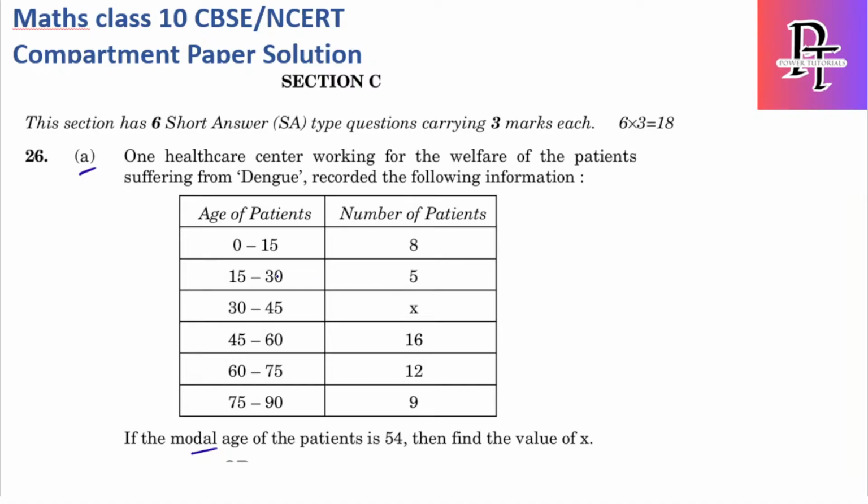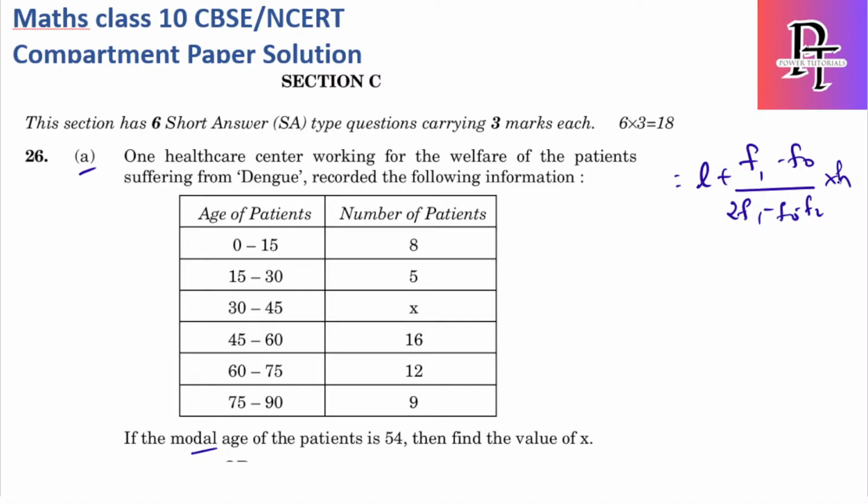Let's see the modal question first. For the modal question, let's write the formula first. What is the mode formula? Mode formula is L plus f1 minus f0 by 2f1 minus f0 minus f2 into h.